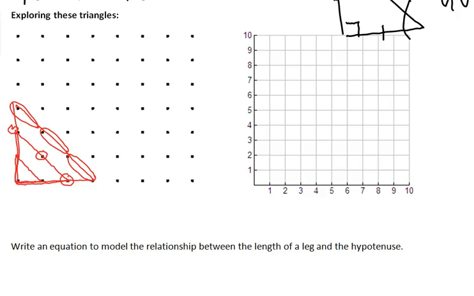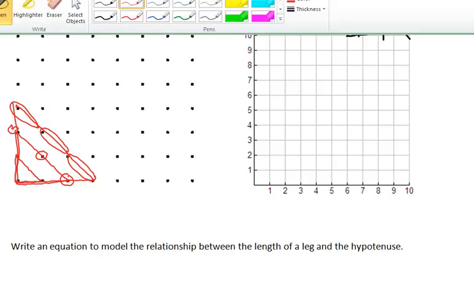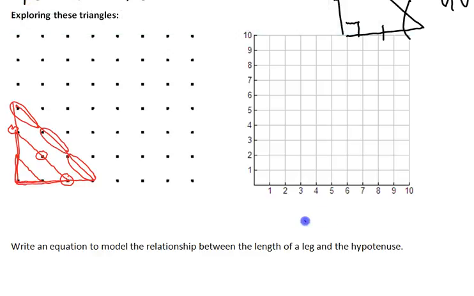So here's your worksheet. We're going to put the leg length on the horizontal axis and the hypotenuse on the vertical axis. And we're just going to plot to the best of our ability.